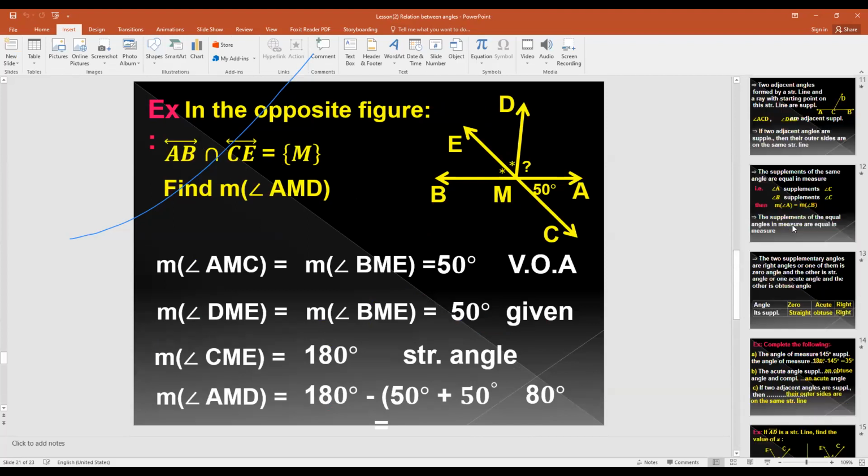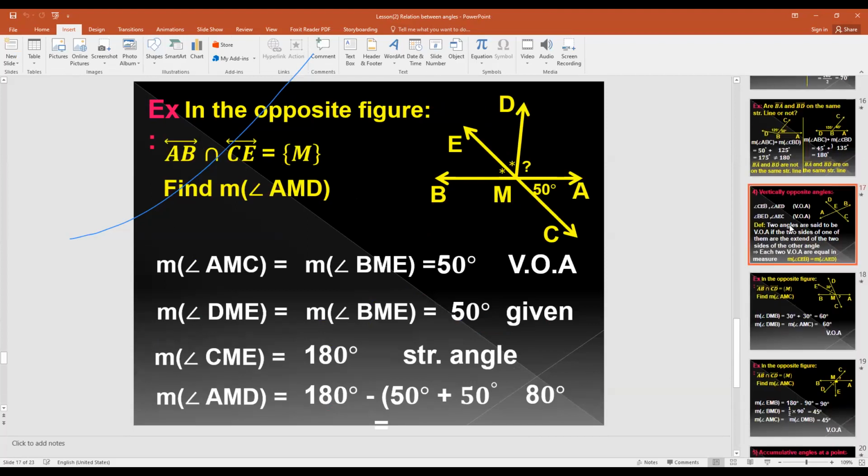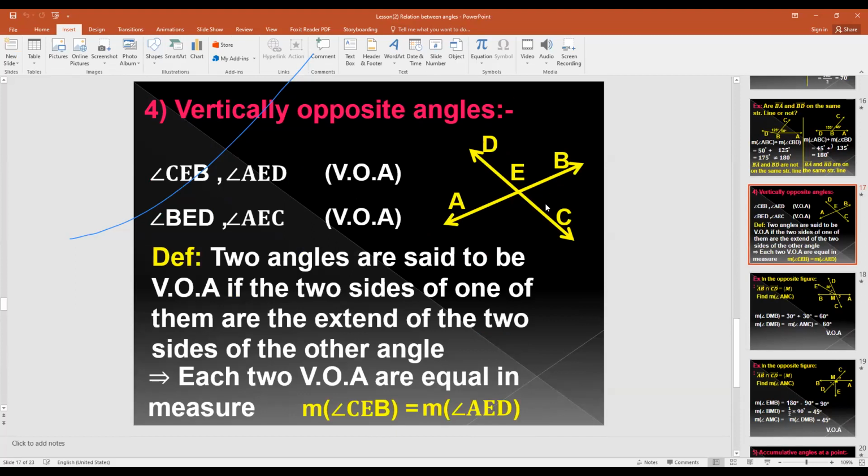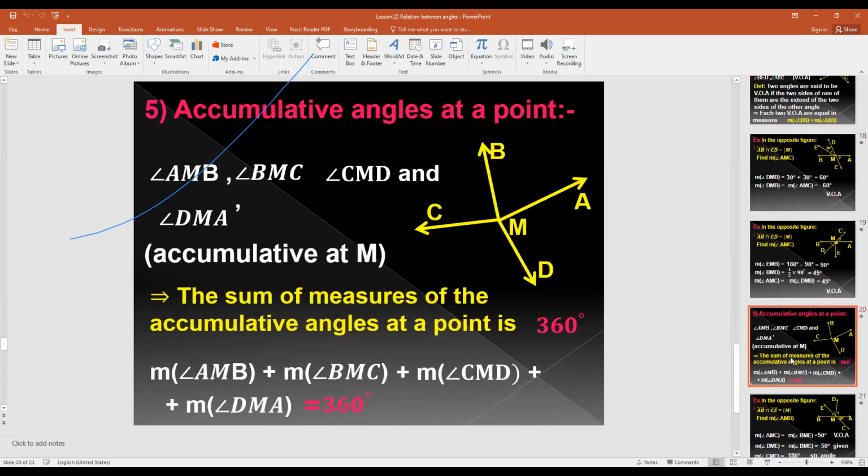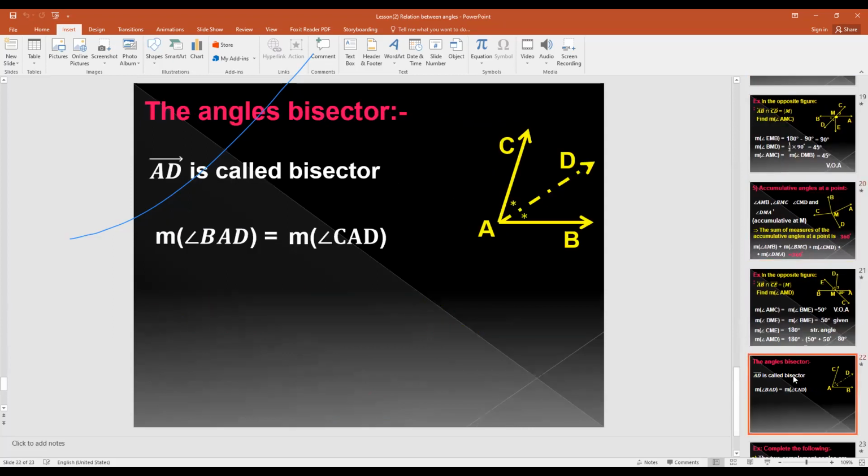If we have two intersecting straight lines, then the vertically opposite angles are equal in measure. This angle will be equal to this angle, and this angle will be equal to this angle. And we talked about the accumulative angles: the sum of the measures of all angles around a point is 360 degrees. And the bisector of the angle is a ray which divides the angle into two equal parts.